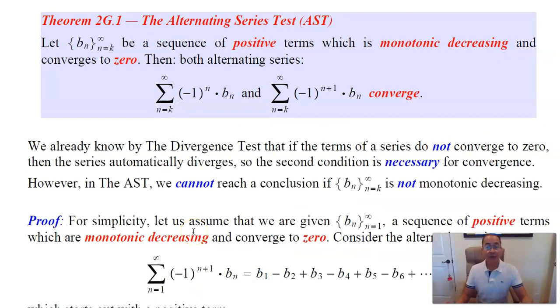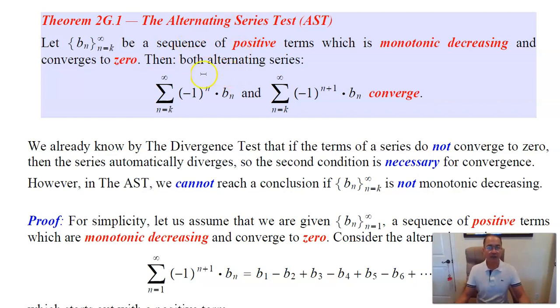All right, so we're going to create those two subsequences of partial sums when we prove the alternating series test, which goes like this. Suppose you have a sequence b sub n from k to infinity of positive terms, and these terms are monotonic decreasing, they're getting smaller and smaller, and they converge to 0. So you have to check two properties, monotonic decreasing and converging to 0.